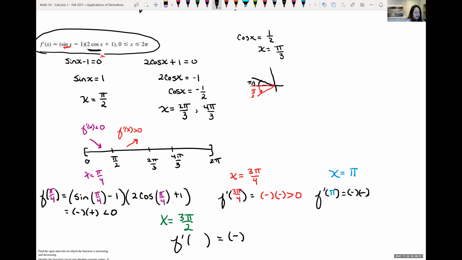Cosine of 3 pi halves is 0, so 2 times 0 plus 1 is positive. So this is less than 0. Oops, I forgot to do the others. This was greater than 0.